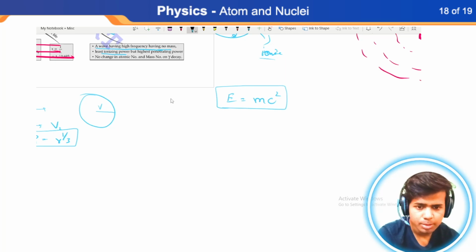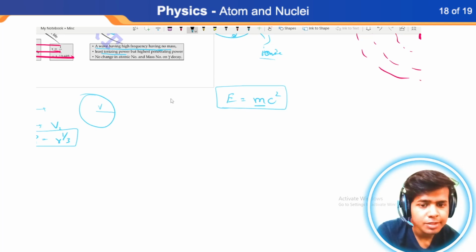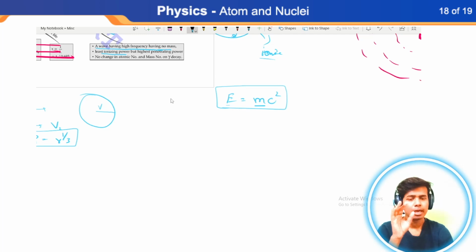It basically says that any amount of mass is associated with energy. You can even imagine that mass is made of energy itself. Energy is mass and mass is energy. They are not different. It is just that one can be converted to the other. Energy can be converted to mass and mass can be converted to energy.